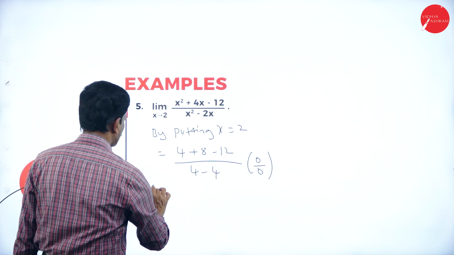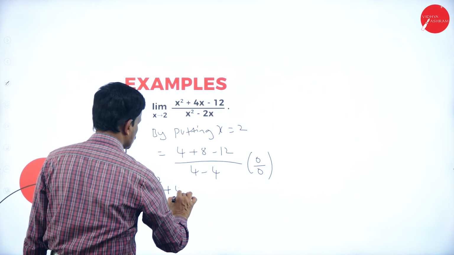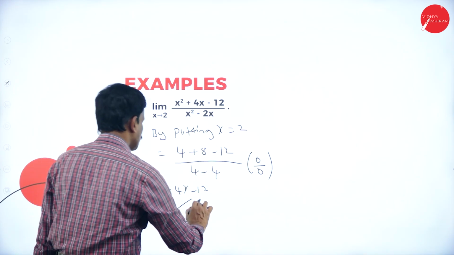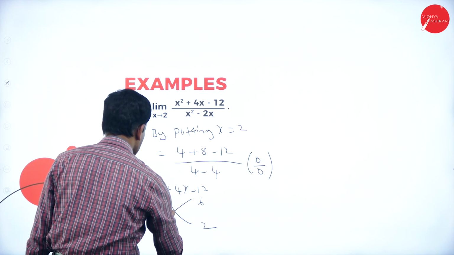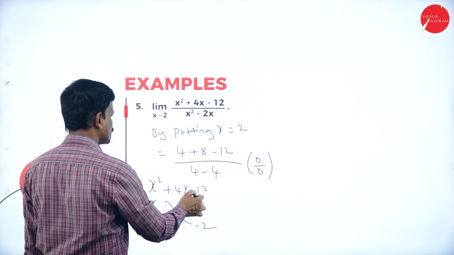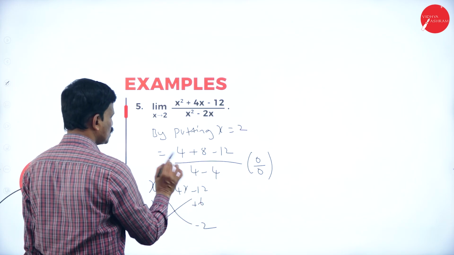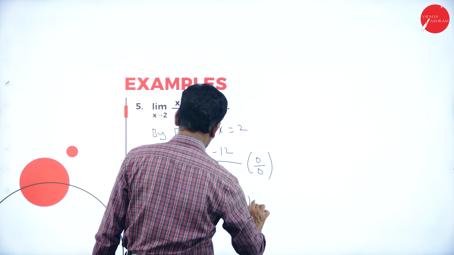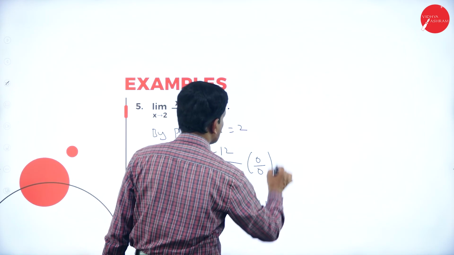So therefore convert this, factorize x square plus 4x minus 12. This can be written as, 6 2s are 12, this is x into x. So plus and minus, plus into minus minus, 6 2s are 12, plus 6 minus 2 is plus 4x. So therefore the factors for this are x minus 2 into x plus 6. Substitute here.